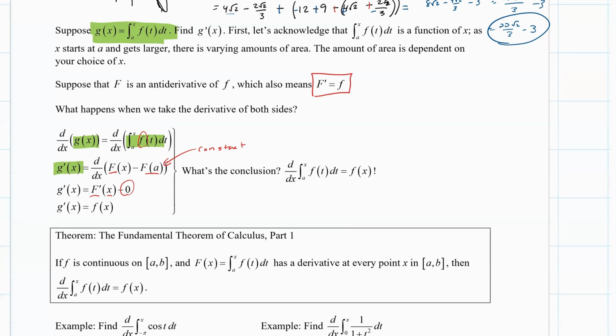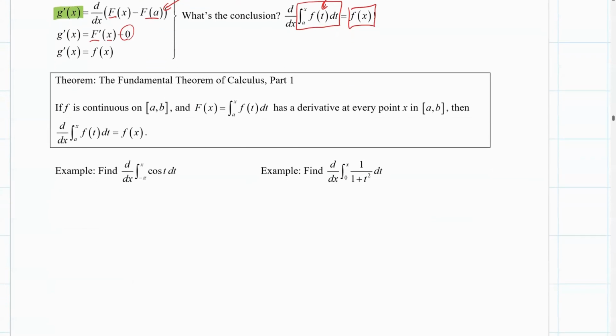That's the nature of big F being the antiderivative of f. So I started with this expression, and when I took the derivative, I simply got the value of the function inside the integrand evaluated at x.